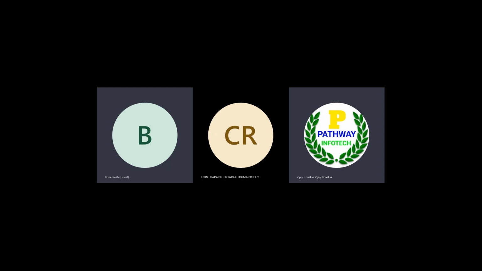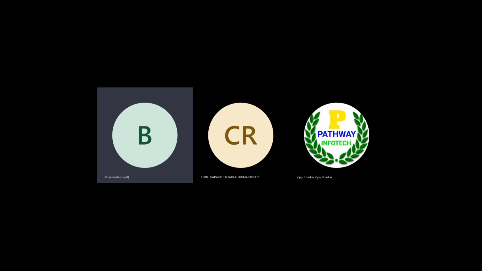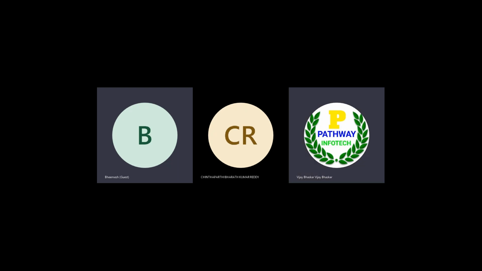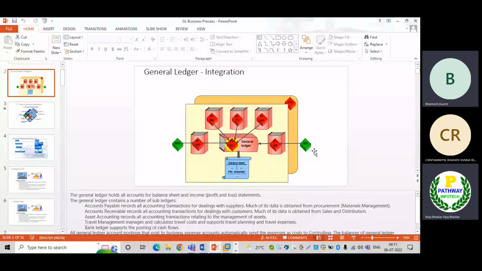Now you can see here, the GL account has been integrated with all the modules, like the material management module and the sales and distribution module. All are sub modules and cross modules which are integrated with general ledger accounting.